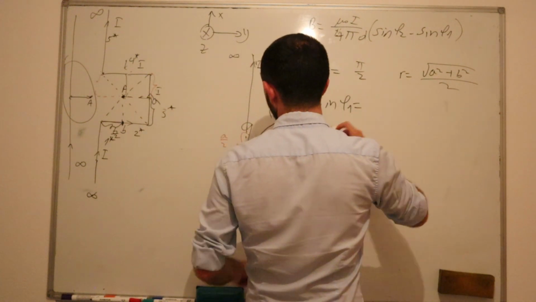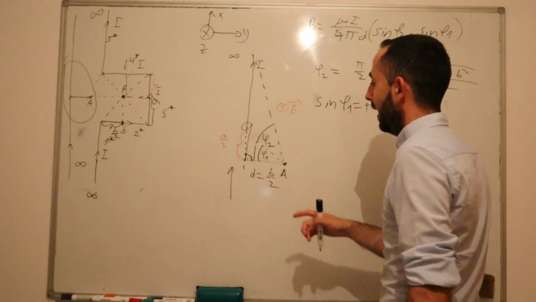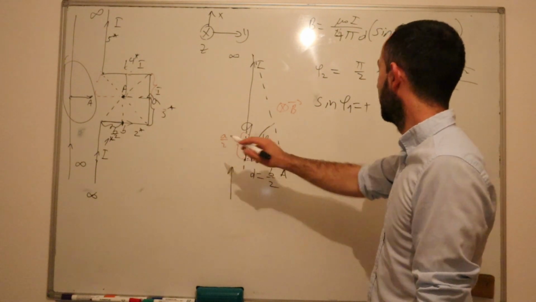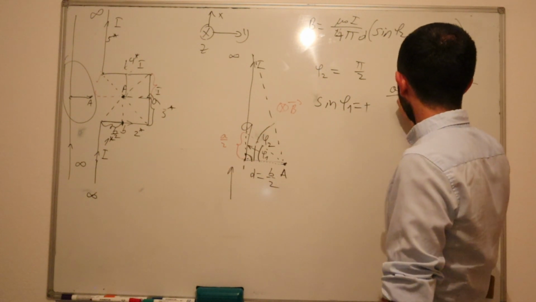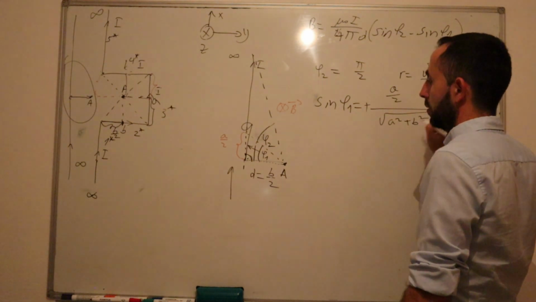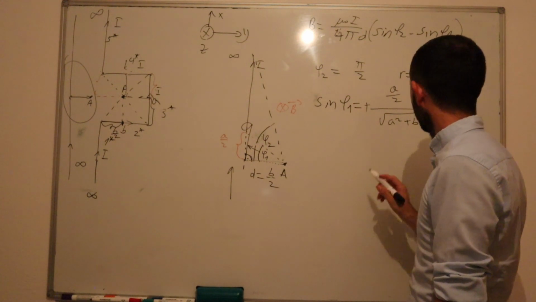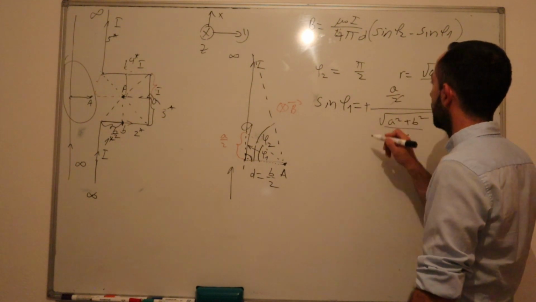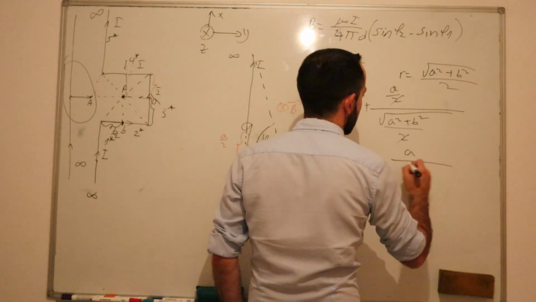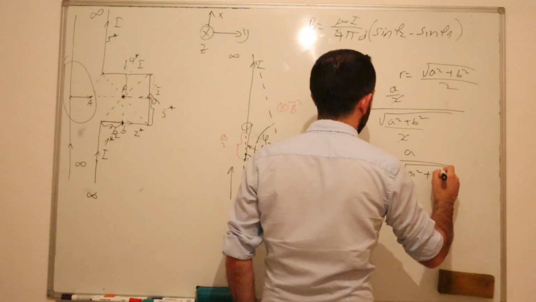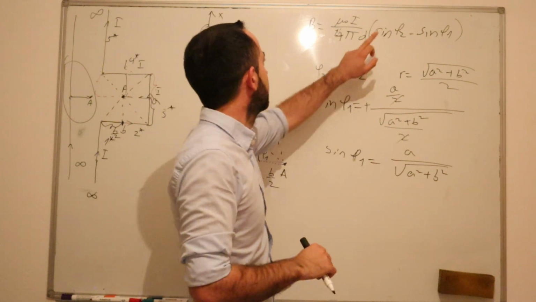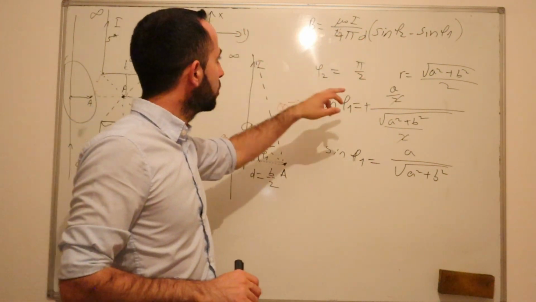So sine phi1 is a positive angle, and it is equal to the opposite side of this right triangle, the opposite cathode, which is a half, divided by the hypotenuse. When we enter this in this equation, what will we get?